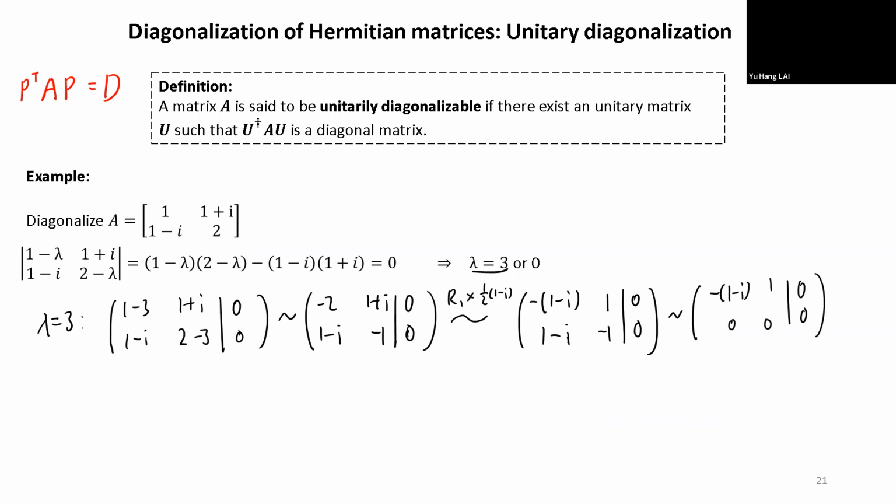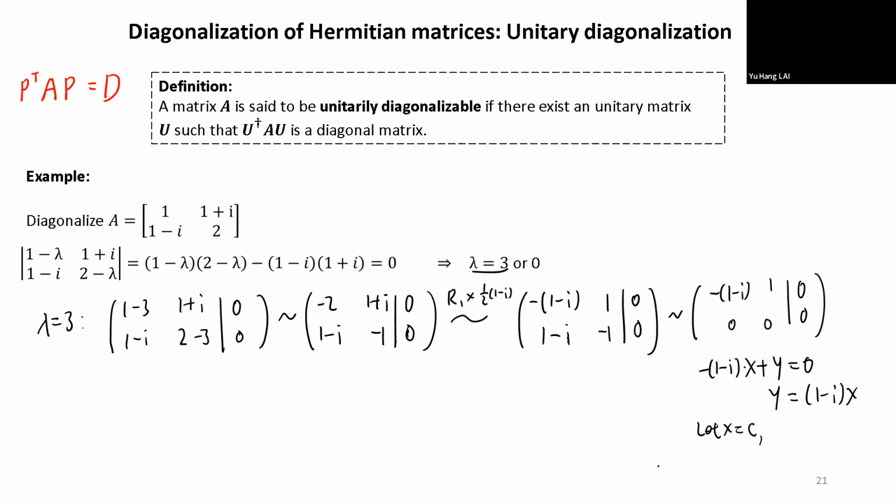So then what it tells me is that (minus 1 minus i) times x plus y equals 0. Or in other words, y is (1 minus i) times x. So then what is the eigenvector? If I call this x to be a free parameter c, then y would be (1 minus i) times c.